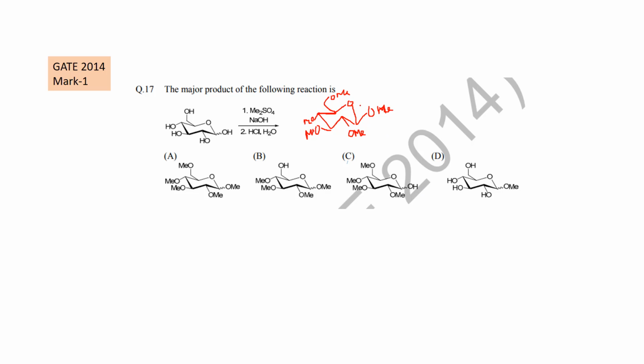So here the anomeric OH is this one, so only this part will be deprotected. So our correct option will be option C. Just by this, if you want to free only this anomeric OH and protect all the OMe, you can take this strategy.